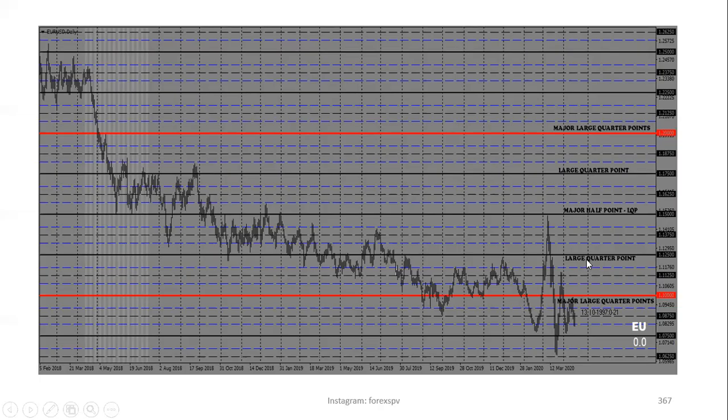So each large quarter would contain 250 pips. And the numbers that mark the beginning and end of each large quarter are termed large quarter points. And this is the major half point, which is also a large quarter point, which marks the halfway of the 1,000 pip range. So it's basically 500 pips.